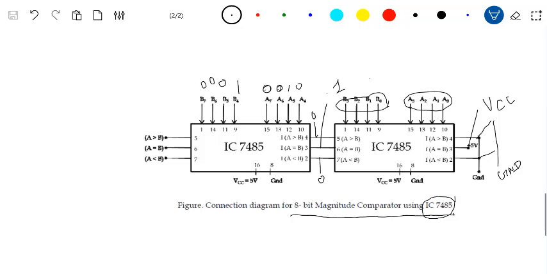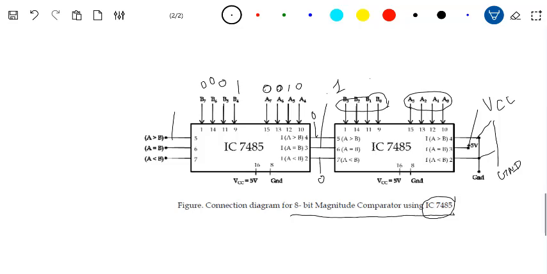So because this is equal to 1, this will be a new comparison of only the higher stage. In this higher stage, it is comparing the bits A4, A5 to B4, B5, then it will produce the output as A greater than B.